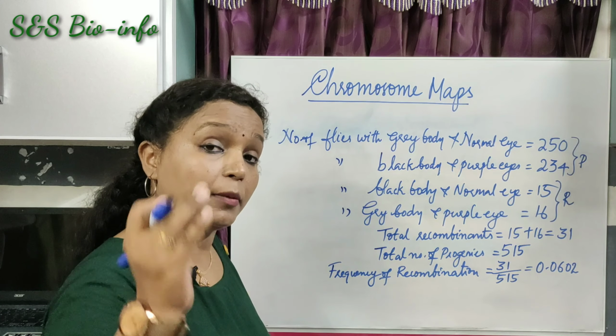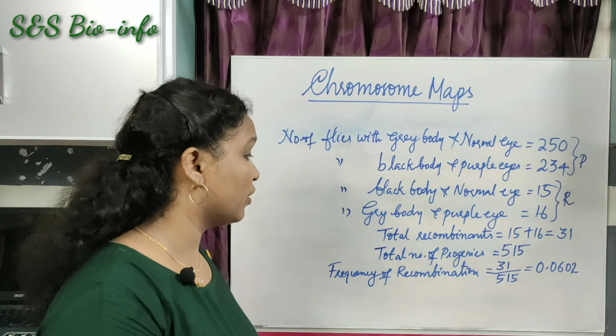So how can we calculate the percentage of frequency of recombination? Percentage of frequency of recombination is equal to 0.0602 into 100 is equal to 6.02%. So what can we understand from this result?